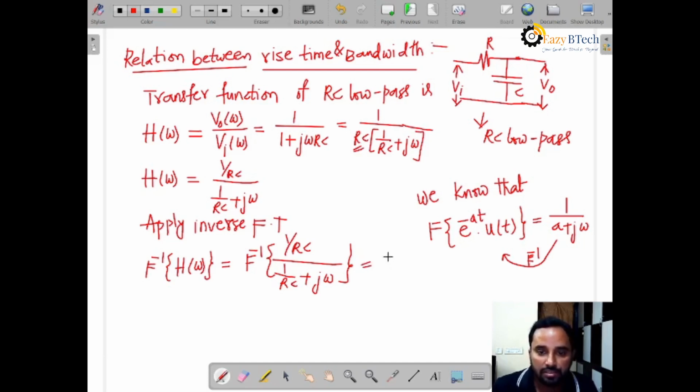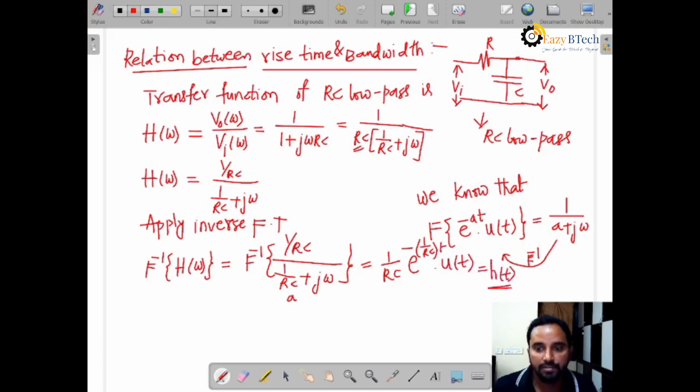So by that we can write 1 by RC in the numerator, 1 by RC, it is same, and e power minus at u of t. In the place of a we have 1 by RC. So e power minus 1 by RC t, u of t. So this is the h of t, the impulse response of the system.